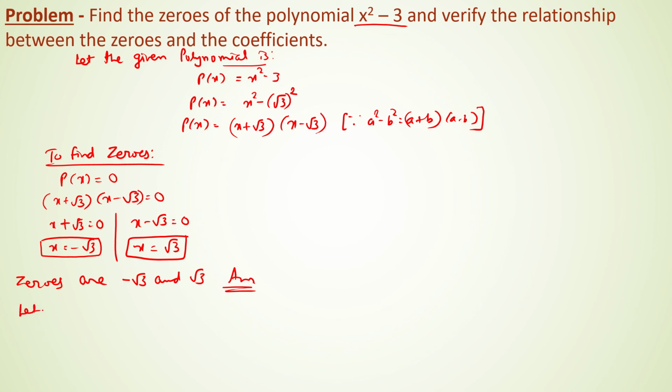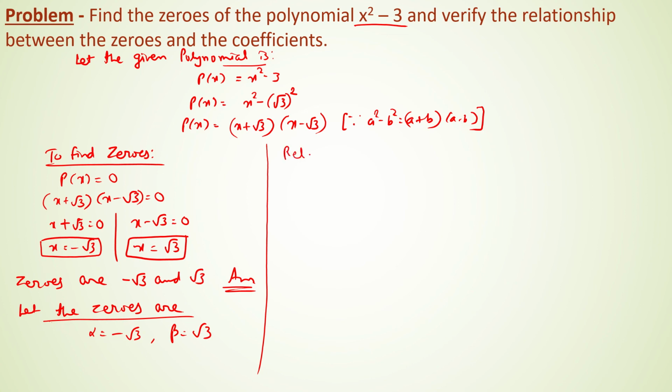Now let the zeros be alpha equals minus root 3 and beta equals plus root 3. So we can determine the relationship between zeros and coefficients of the polynomial.